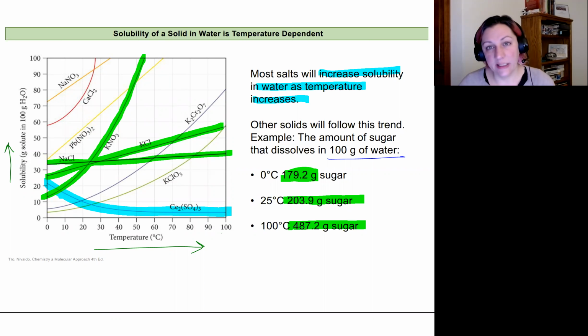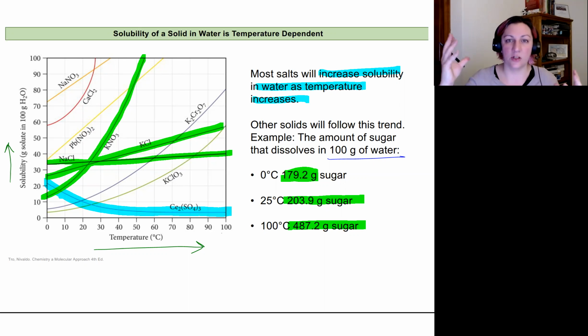Well, what this really has to do with is the enthalpy of solvation, essentially, or solution. Most ionic compounds are going to be endothermic as they dissolve in water because they're breaking those really strong ion-ion interactions, and they're forming ion-dipole interactions, which are strong, but there is some net increase in potential energy, right?